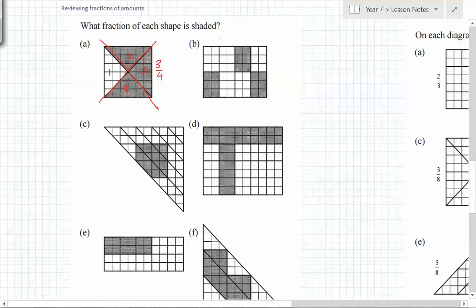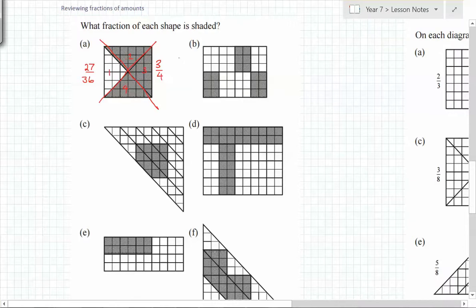The other way would be to say, well, there are 36 squares, and if we were to count how many have been shaded, we would count that 27 out of the 36 squares have been shaded.